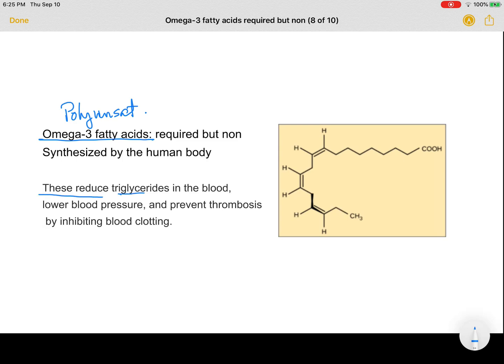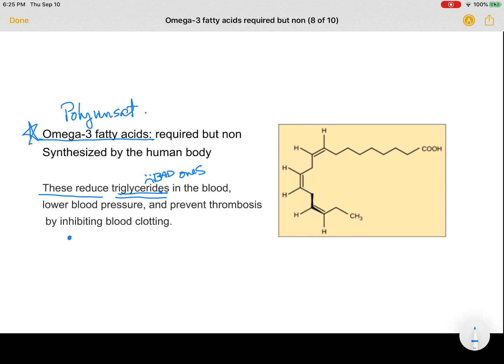So these are going to reduce the triglycerides, the bad ones, by eating a good fat. So while these are going to create those blood clots, the thrombosis, the higher blood pressure, the heart disease, stroke, if you eat more omega-3, if you take fish oil, what it does is it helps to reduce that.